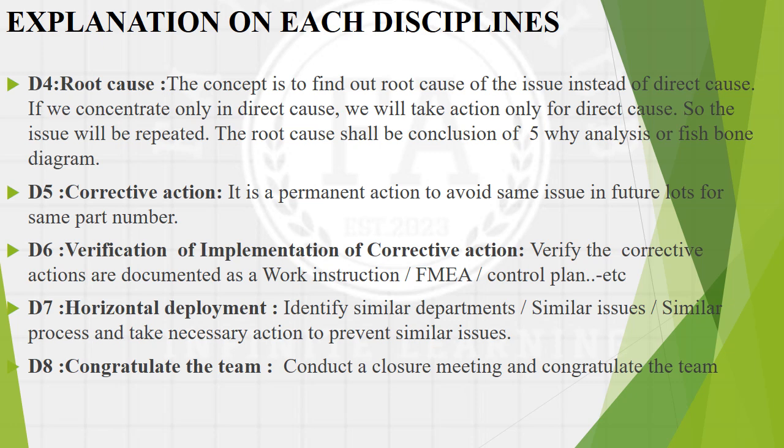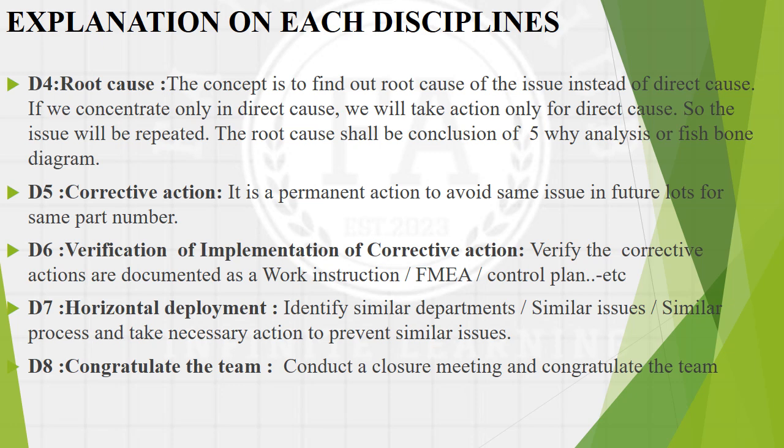So the direct cause may be that the issue was not identified during automated testing. The root cause shall be that the operator is not aware that if any issue or test failure is observed, he has to do permanent damage on the harness or on the product. So this is the root cause.